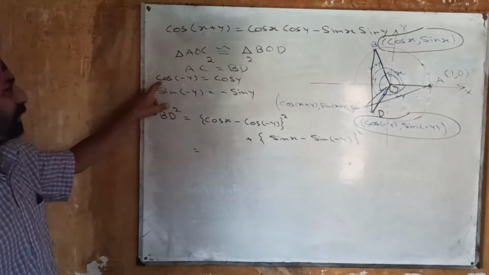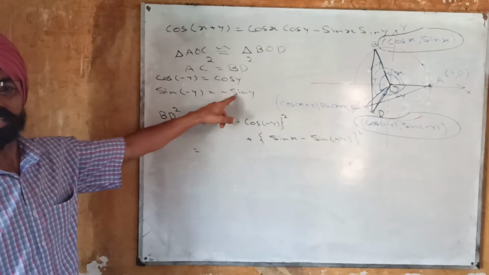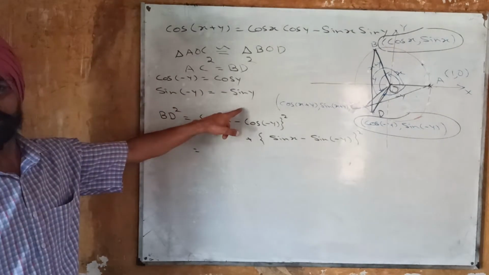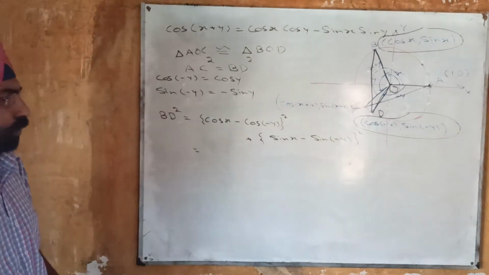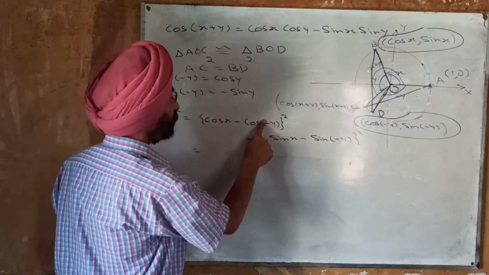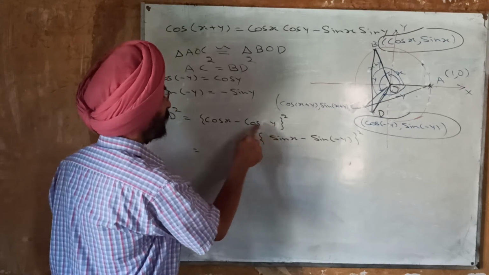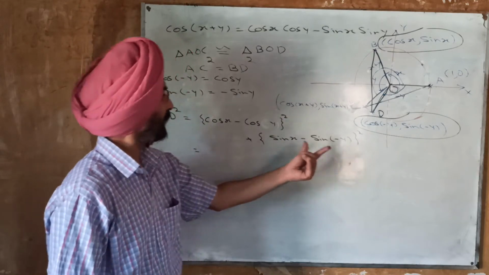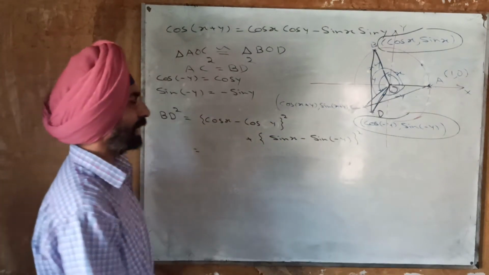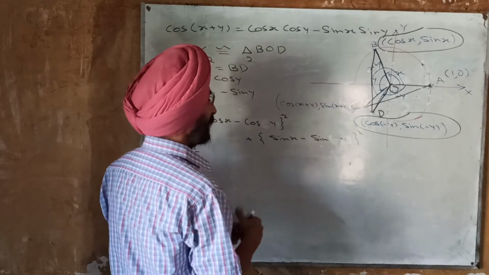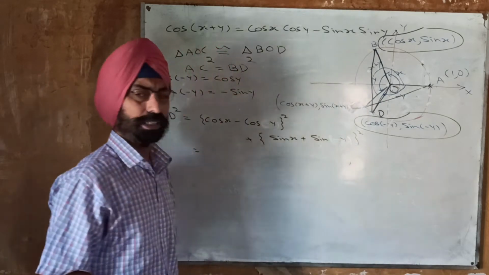So cos of 360 minus y will be cos y, and sin of 360 minus y will be minus sin y. So use it here now. So this cos of minus y will become cos y. So you will have cos x minus cos y whole square. And here sin of minus y will become minus sin y. So this minus will be removed from here, and the sign outside will be positive now.